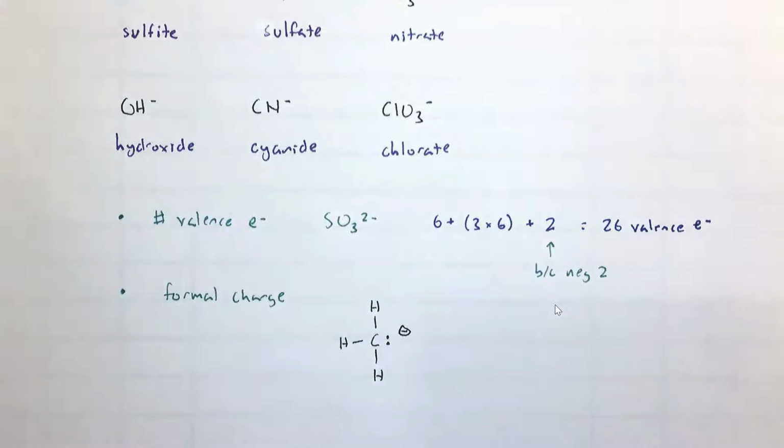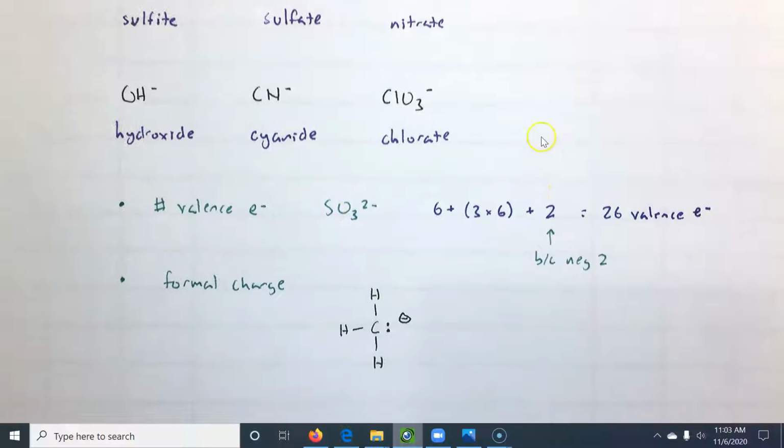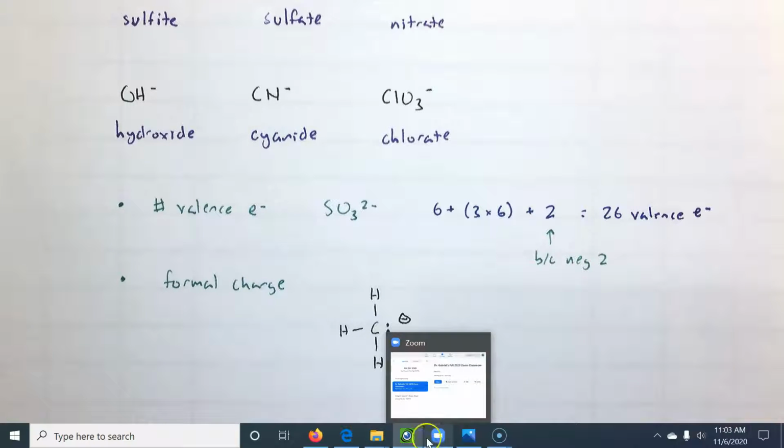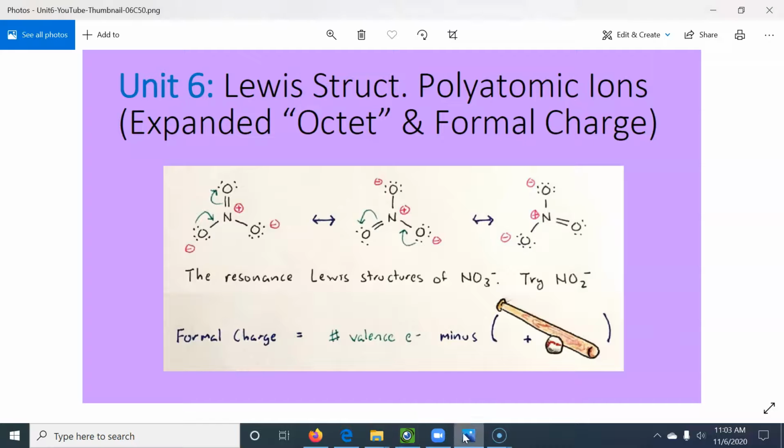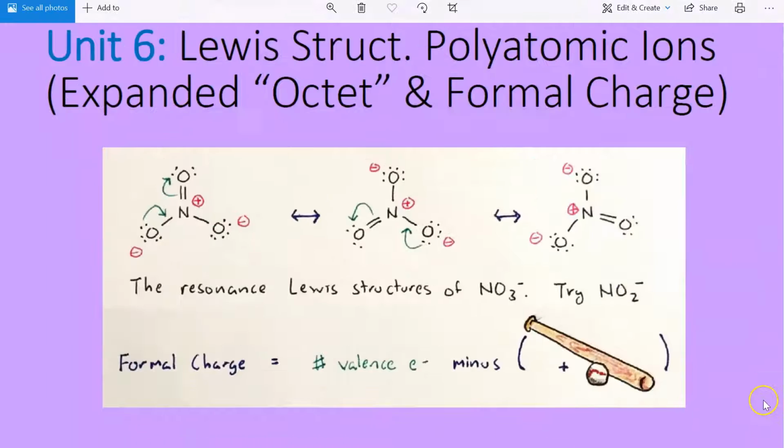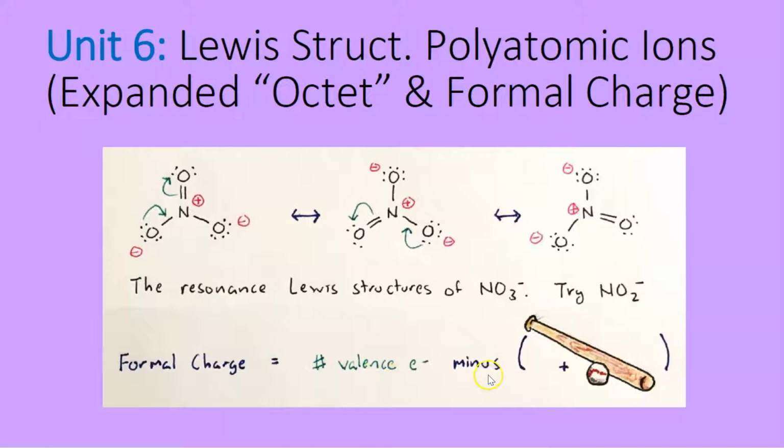But let me give you an equation, and actually it's the equation that is on the cover page. Let me show you that real quick. Formal charge equals valence electrons minus sticks plus balls. Sticks for every line, balls for every single electron. So a lone pair would be 2 balls.